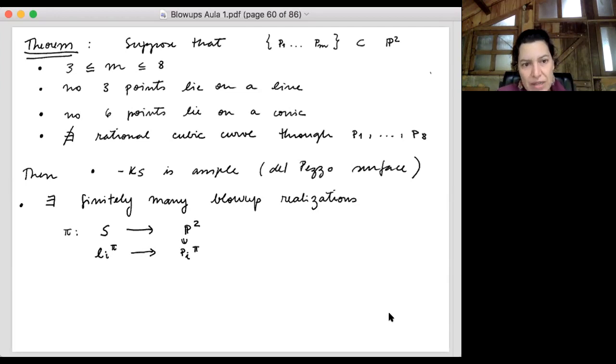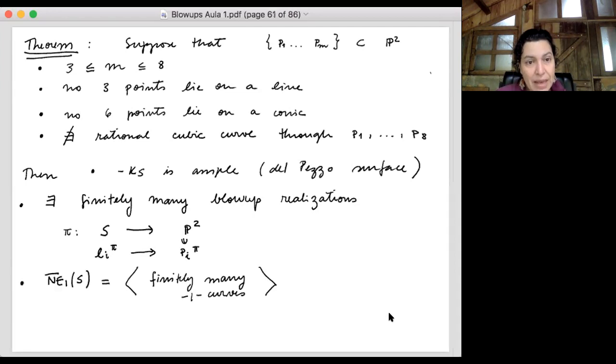So there are morphisms from S to P2 that contract certain curves, which I will denote LIP, to some points PIP. So there are finitely many ways that I can write my S as the blow up of P2 at the points. And in particular, the Mori cone of the surface is generated by finitely many -1 curves.